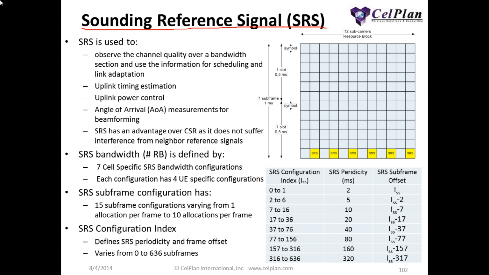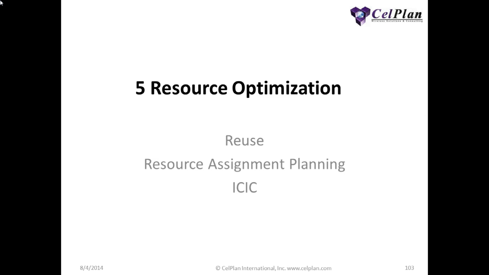And the way it is sent, basically it eats part of the last symbol in the subframe, but it's not sent very, very frequently. And this information is then used by the eNB to help it to schedule better the resource allocation for the UE.